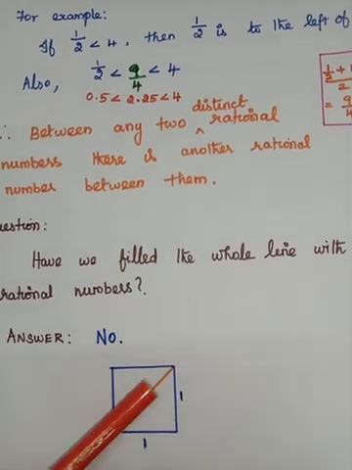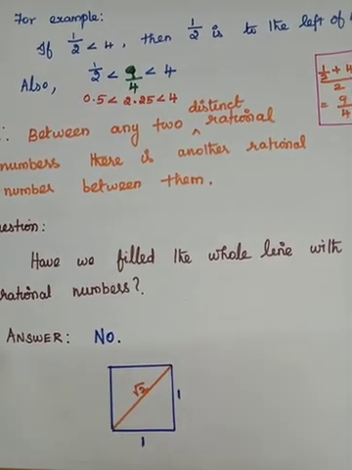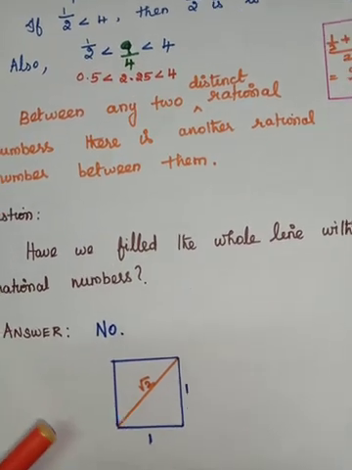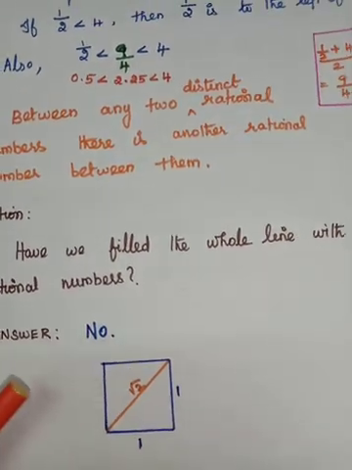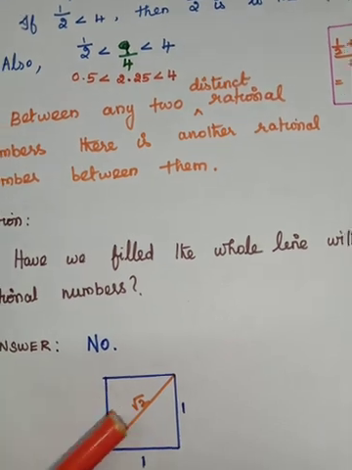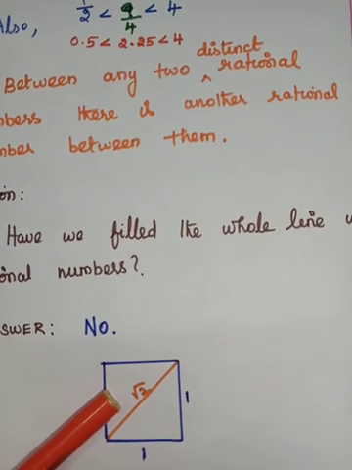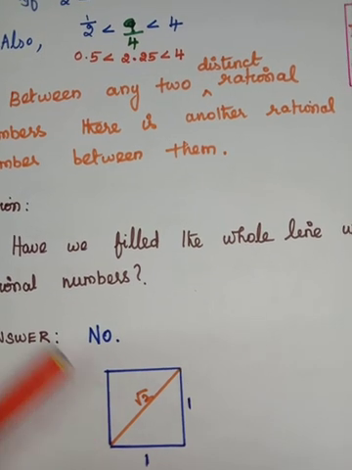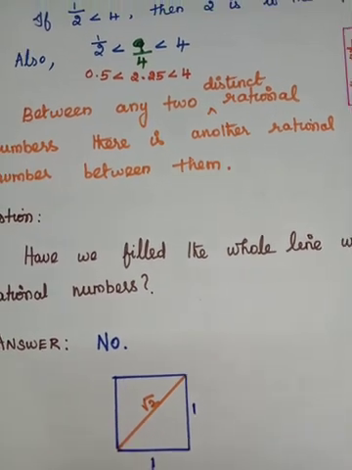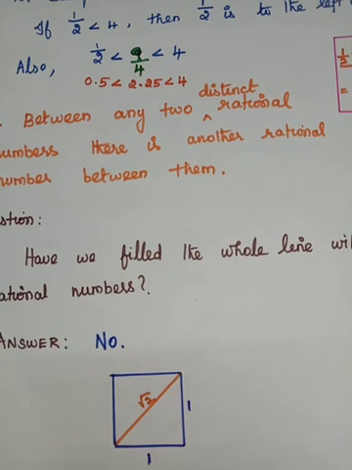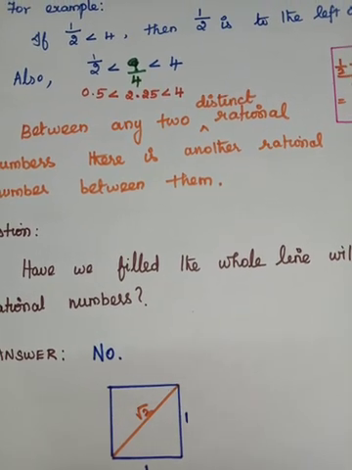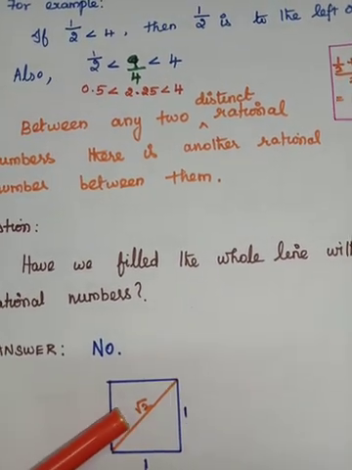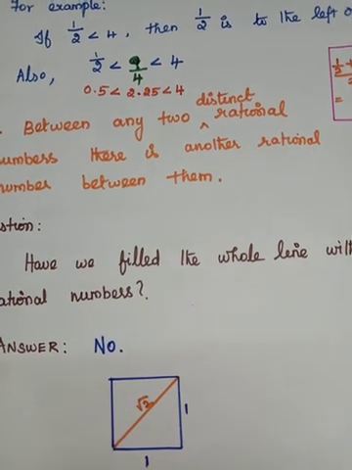If you take the diagonal, using the Pythagoras theorem, we can write it as the square root of 1 plus 1, that is root 2. So what can you say about root 2? According to this, between any two rational numbers there should be another rational number. Yes or no? Is this root 2 a rational number or not?